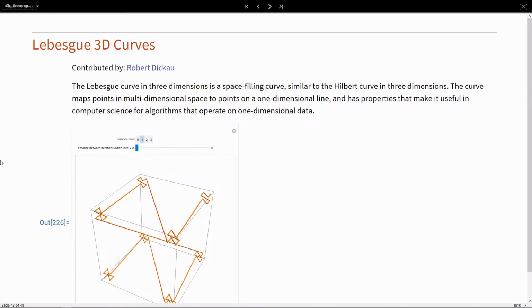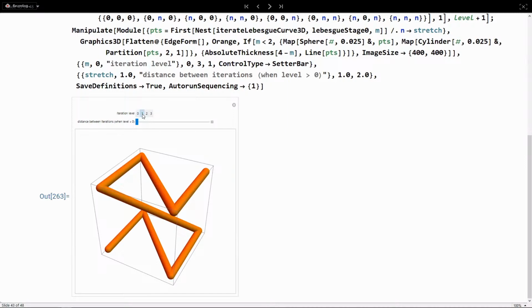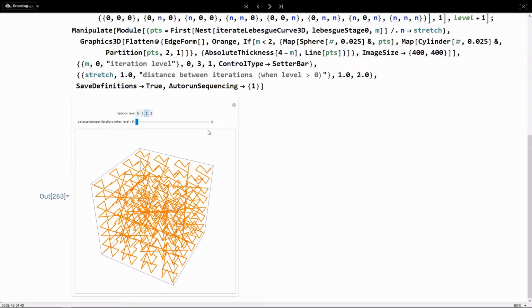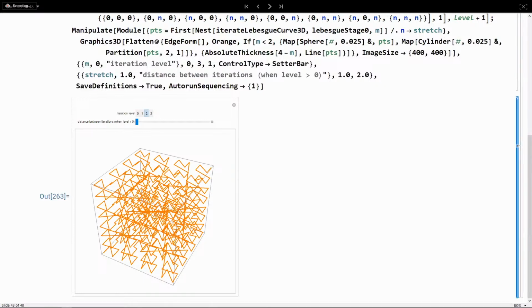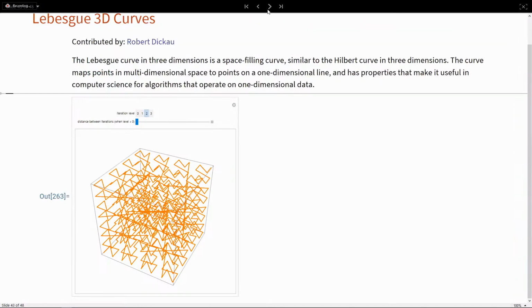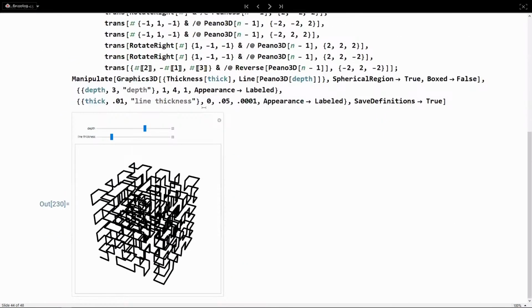Let's see. There's also three-dimensional versions of many of these curves. I'm not sure why that one's looking strange. Yes. So here's the Lebesgue curve in 3 dimensions. And the Peano curve in 3 dimensions.